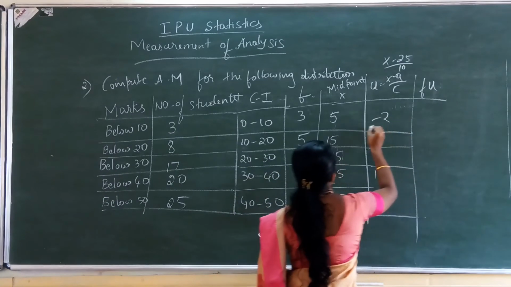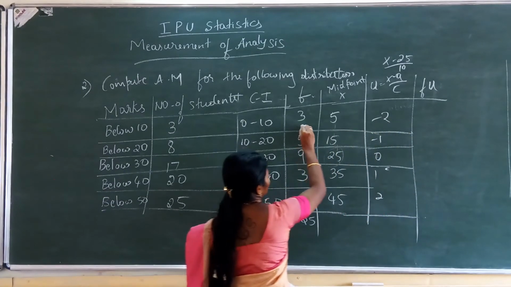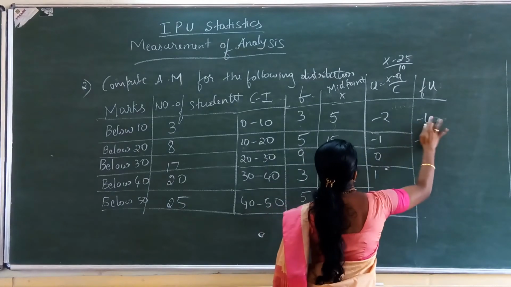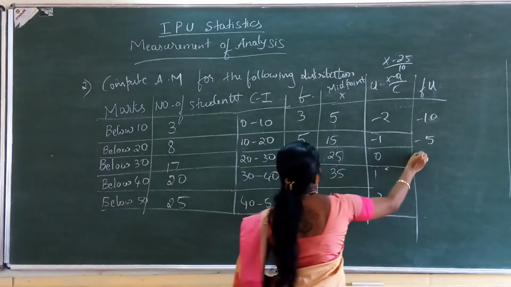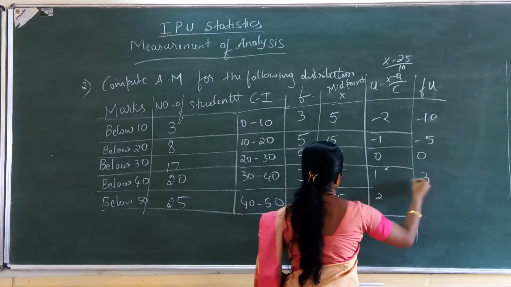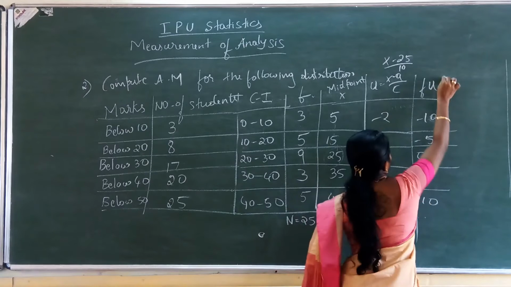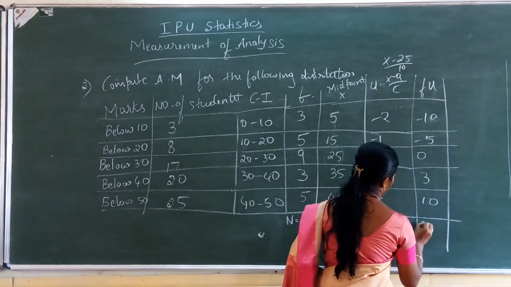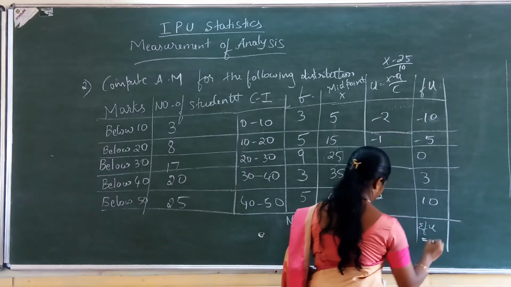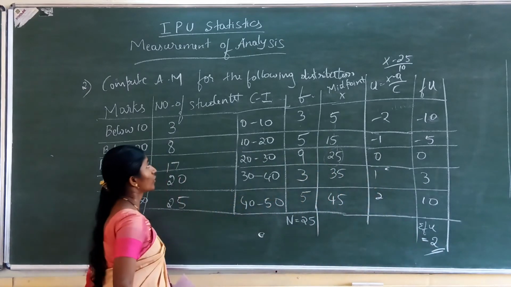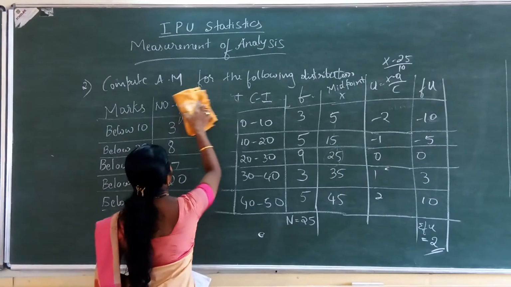Now f into u: minus 10, minus 5, 0, 3, 10. We got the answer 2 here. Now the table is ready.